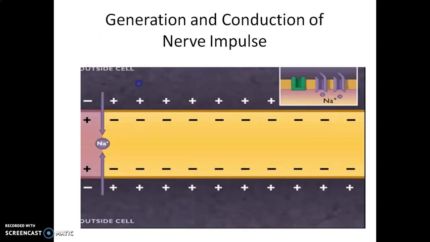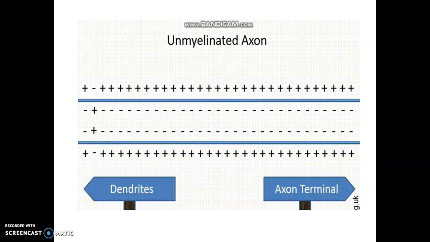Is it clear? Now let's discuss the generation of impulse. Neurons are excitable cells because their membranes are in a polarized state. Do you know why the membrane of a neuron is polarized? Different types of ion channels are present on the neural membrane. These ion channels are selectively permeable to different ions.